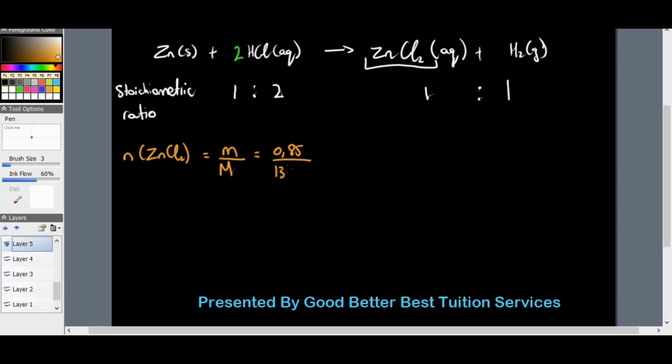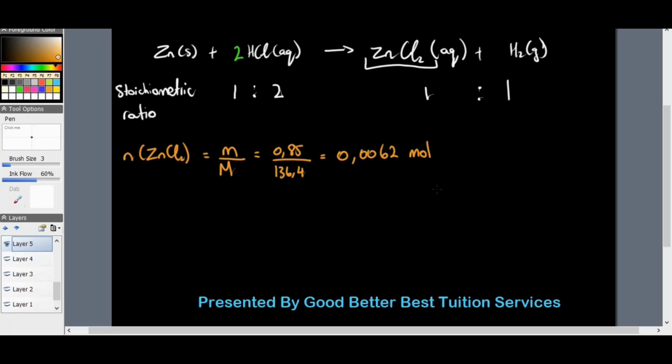Depending on which periodic table you are given, some have decimals afterwards, some are rounded up to whole numbers, but you'd get a value of approximately 136.4, and you would have gotten a value of 0.0062 mole.